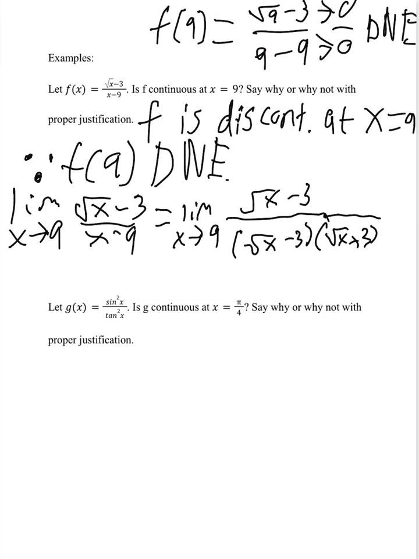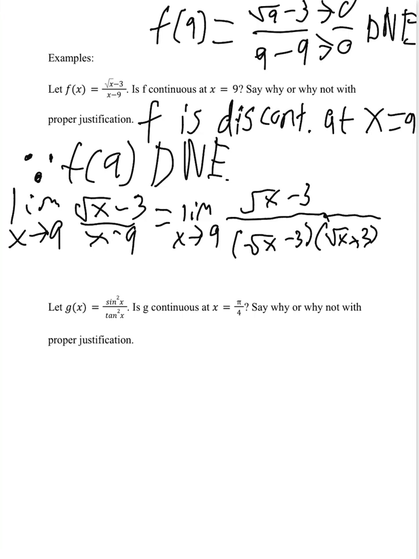You can take the difference of squares of that if you want, because you're just taking the square root of x to the 1, which is the square root of x, and then the square root of 9 is 3, and then you have a minus and a plus. So that would be a difference of 2 squares.